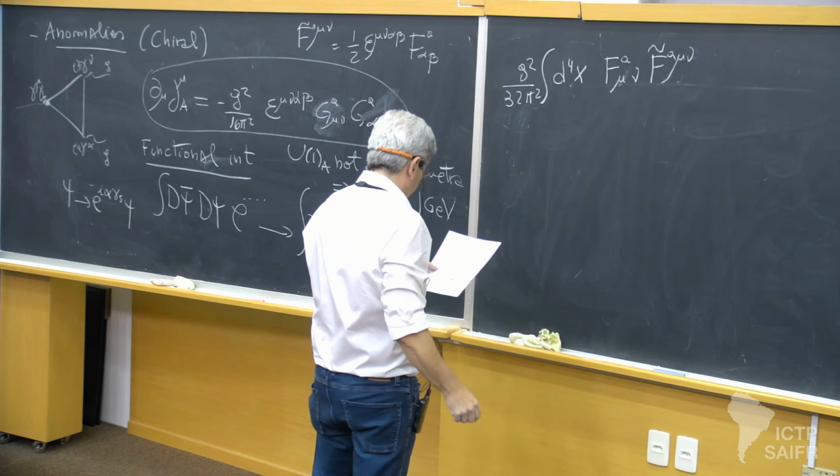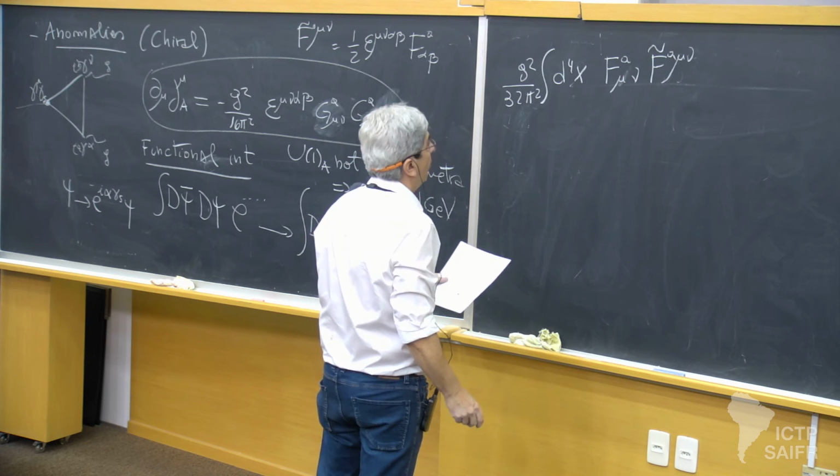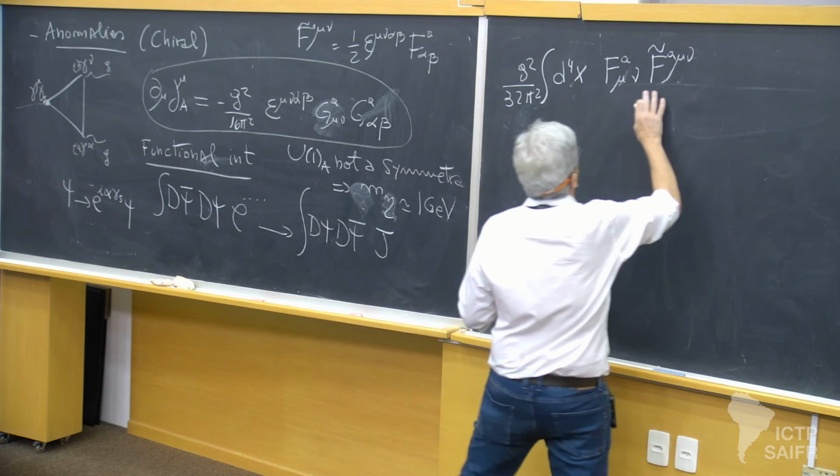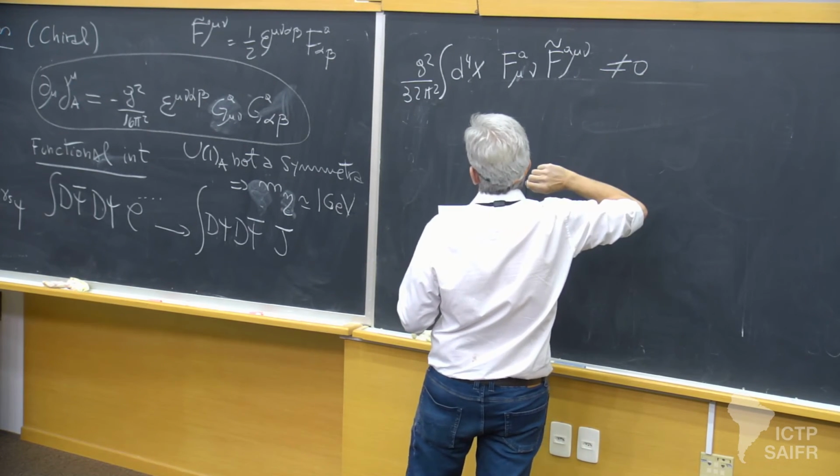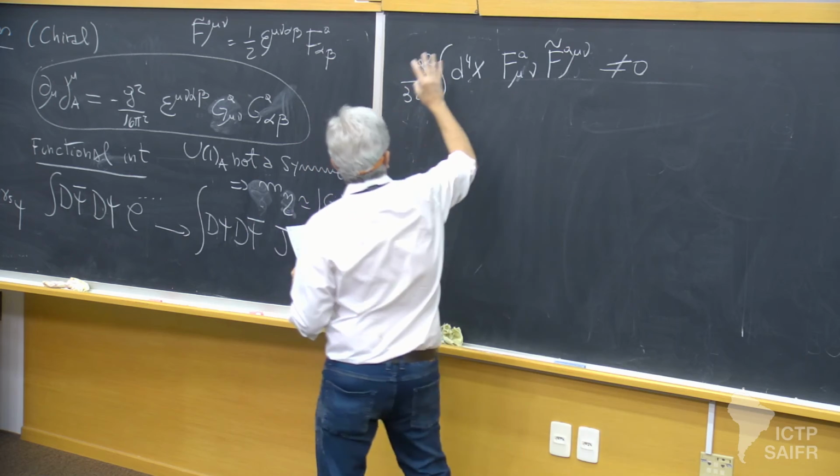Now the problem is, this integral has to be different from 0, okay? Because the Jacobian is really the integral.